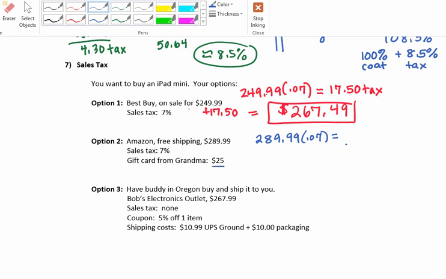$289.99 times 0.07. And that comes up to $20.30 in taxes. Okay, so we have our iPad, and we have to tack on that $20.30 in taxes, but we can take off that $25 gift card from Grandma.